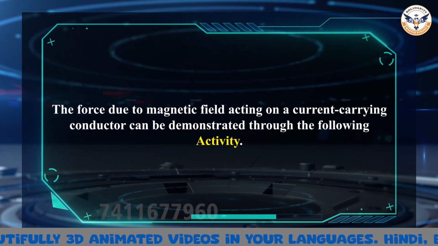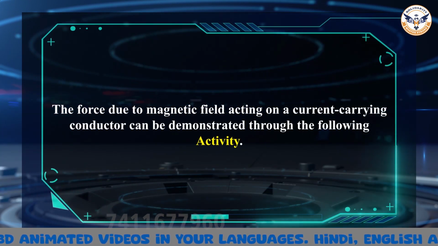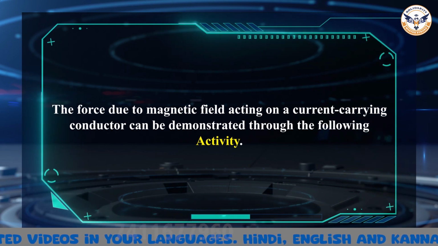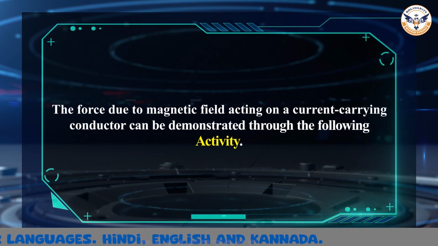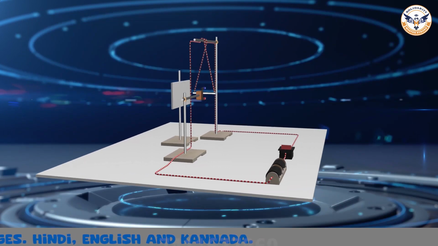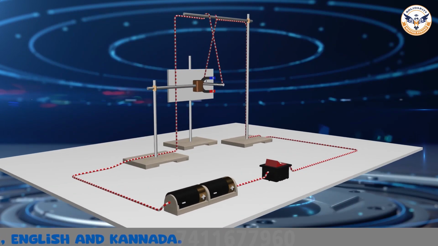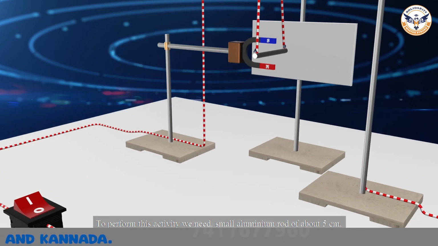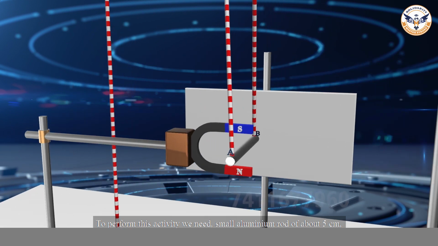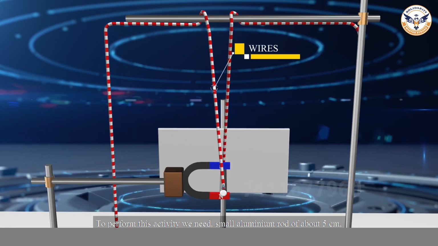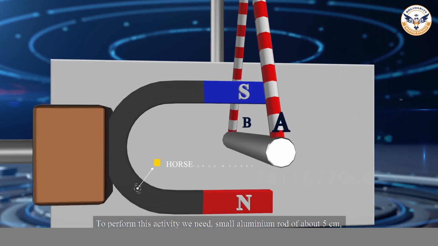The force due to magnetic field acting on a current-carrying conductor can be demonstrated through the following activity. To perform this activity, we need a small aluminium rod of about 5 centimeters, 2 connecting wires, and a strong horseshoe magnet.